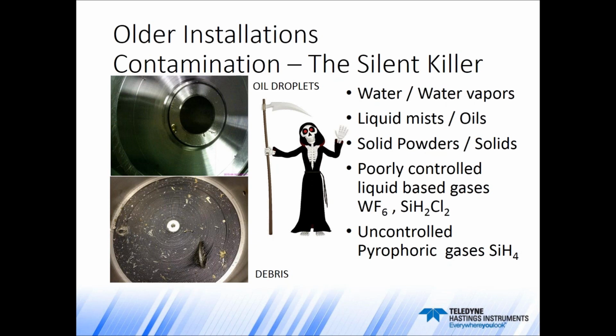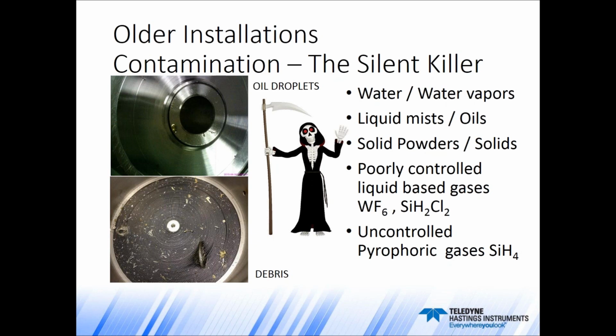Solid powders and solids, if you look at the lower picture that we put there on the left side, you have a very extreme catastrophic failure with debris. We're talking about actually shavings of metal and physical objects that are in the flow path and that can actually destroy the flow element and the flow controller itself.